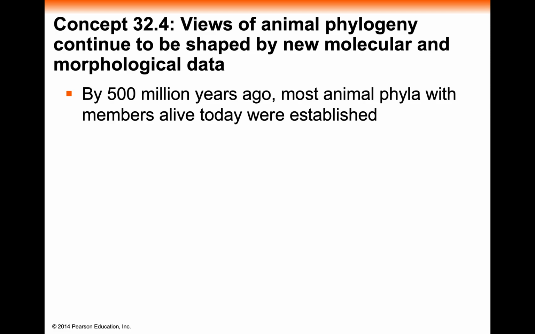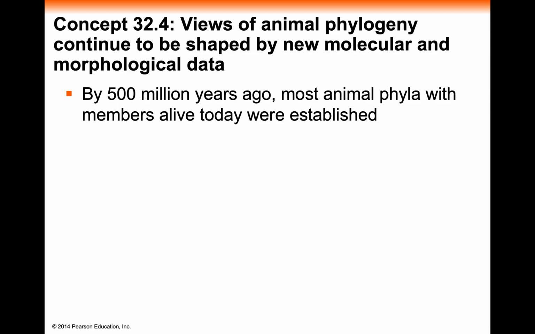Animal development was relatively rapid, and we end up with these phyla relatively rapidly, and then it's just been steady since then. You might say, well, what about the development of dinosaurs? What about the development of amphibians and fish? Those things happened much more recently than 500 million years ago.